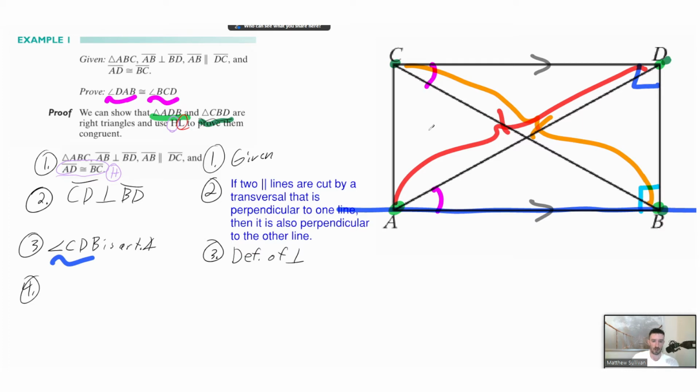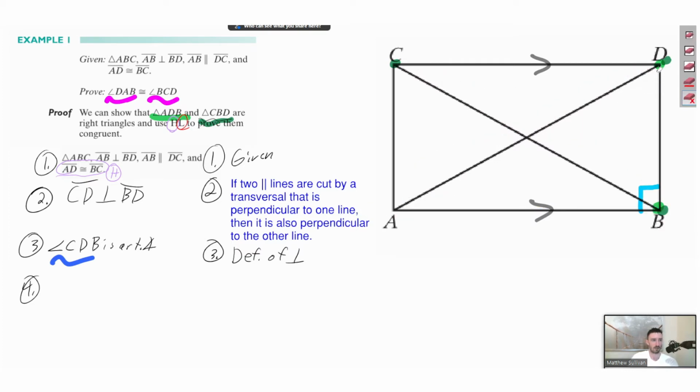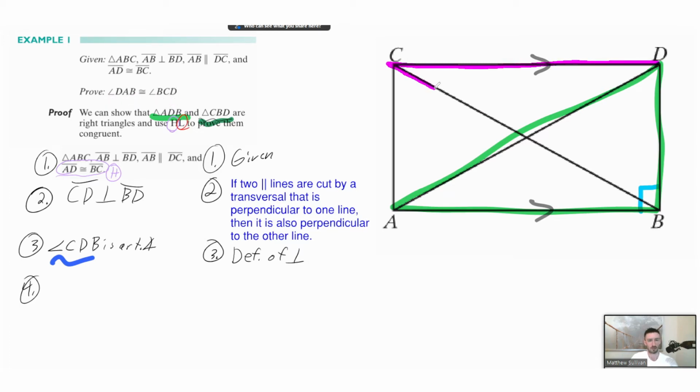A lot of colors going on here, so let me make it simpler and highlight only the triangles we're interested in: this triangle and also this triangle.